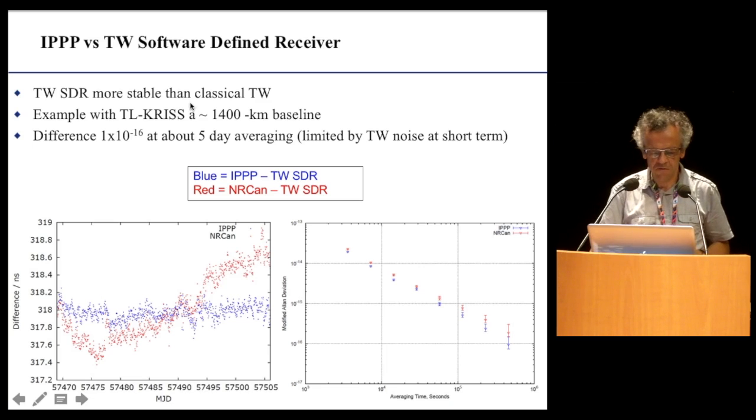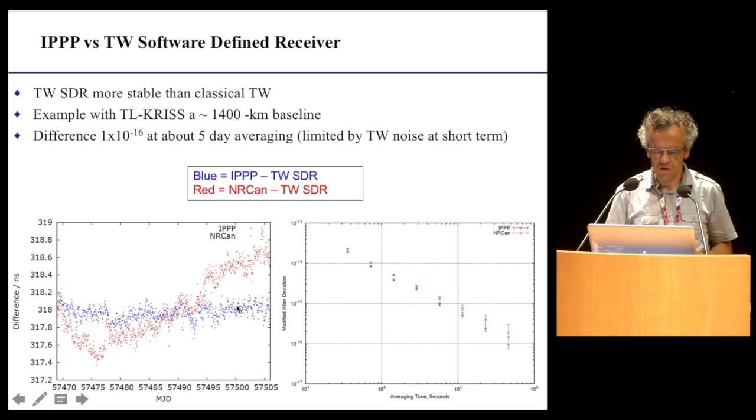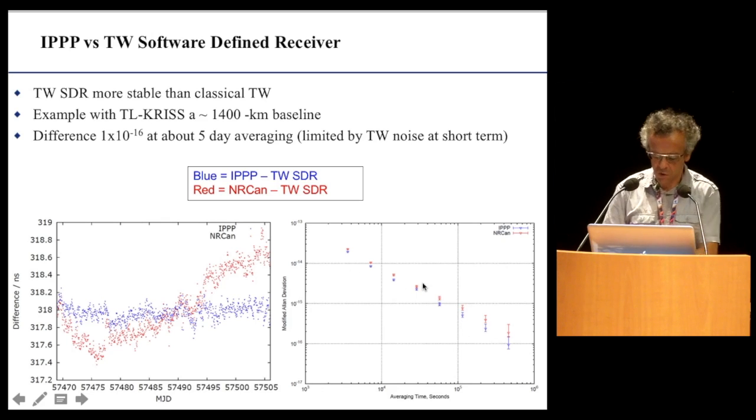Again, we can see this provides IPPP better consistency with the two-way SDR result than the classical PPP. Of course, here we don't know exactly which is the limiting technique, if it's IPPP or the two-way. At short term, it's mostly two-way because it's a code technique.